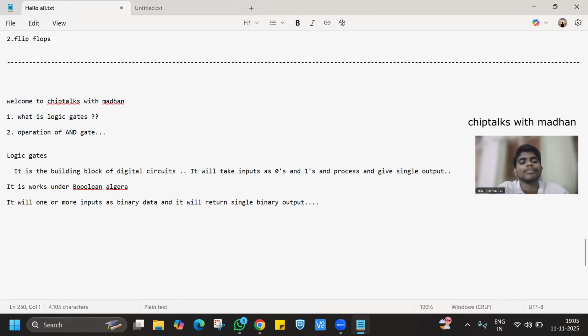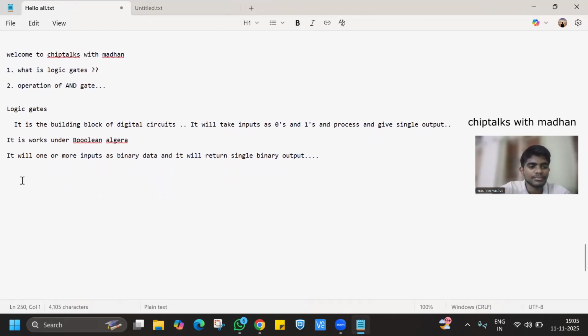We have the AND gate, OR gate, NOT gate, NAND gate, NOR gate, XOR gate and XNOR gate. Like that we have seven gates. Today we are going to see the AND gate operation. First I will draw the AND gate diagram.